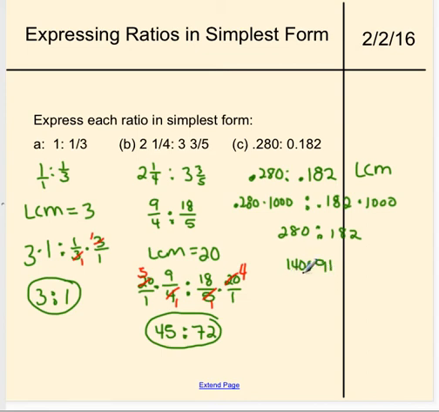And then both of these are still divisible by 7, so I can divide 140 by 7 and I'll get 20. And I can divide 91 by 7 and I get 13. And there you go. Nice, simplest terms for your ratios. Great, so I hope you enjoy the rest of the problems on page 139.